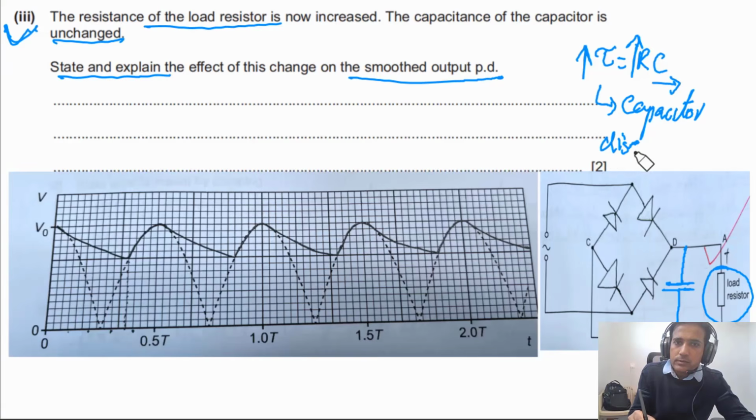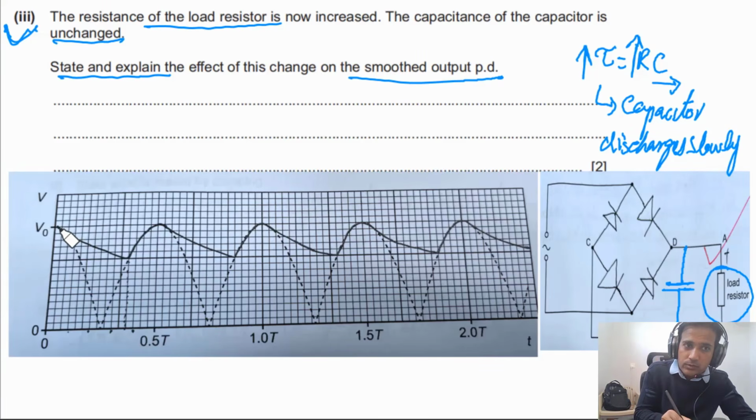Tau increasing means that the capacitor will discharge slowly. So what does it mean if the capacitor discharges slowly? We will see a curve somewhat like this. So this will be the new curve. We can draw it like this. The capacitor is discharging slowly, so this is how the curve will look.